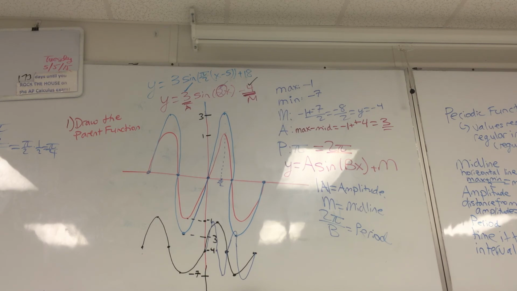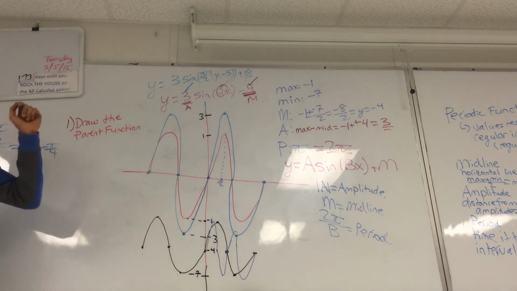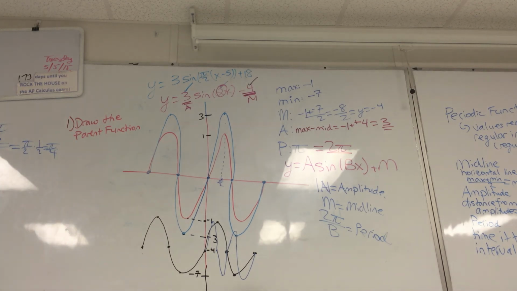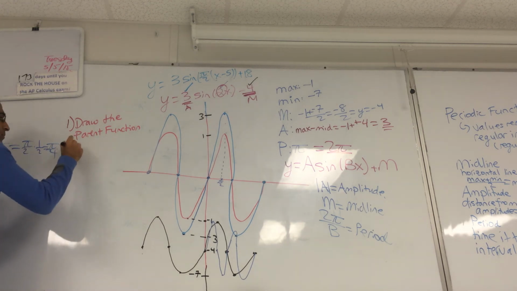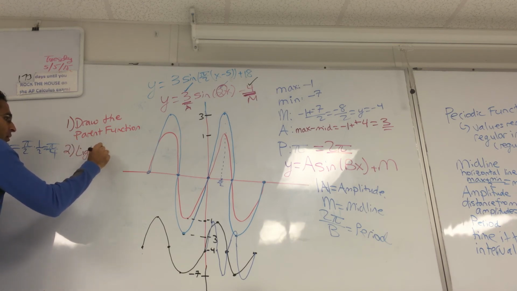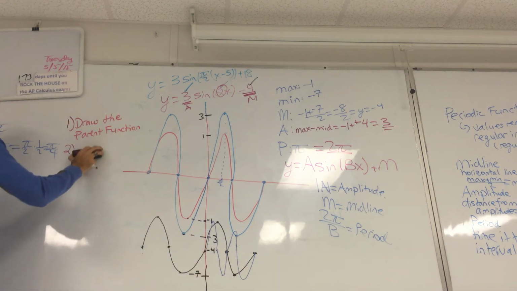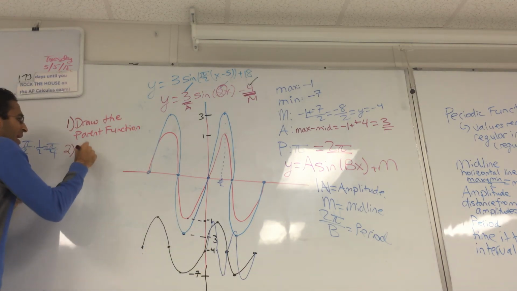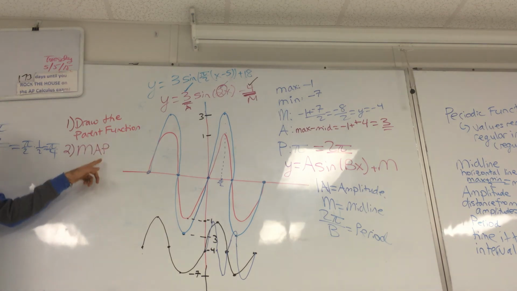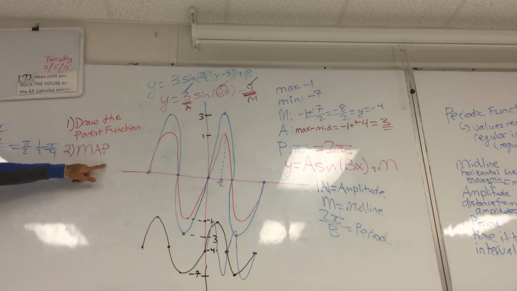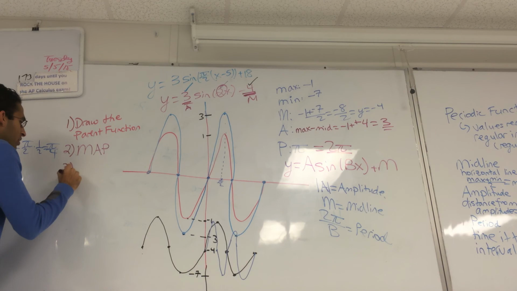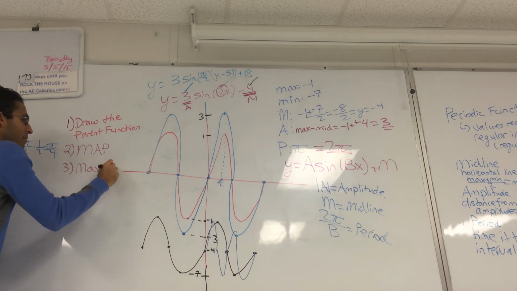So, now that you know this, here are the strategies, here are the steps for doing all of these problems. Step 1, draw the parent function. Step 2, lightly, keyword is lightly. Step 2, map, which means midline, amplitude, period. Step 3, max and min.